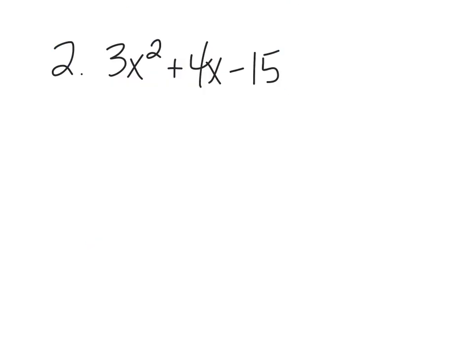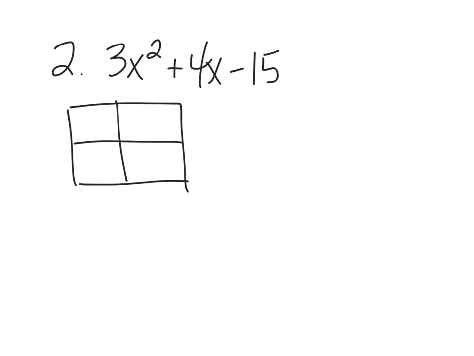Okay, number 2, 3x squared plus 4x minus 15. Okay, so doing the box method, I have 3x squared here and negative 15 here. So that's going to have to be 3x and x. And to get negative 15, I'm going to go negative 5 and positive 3.